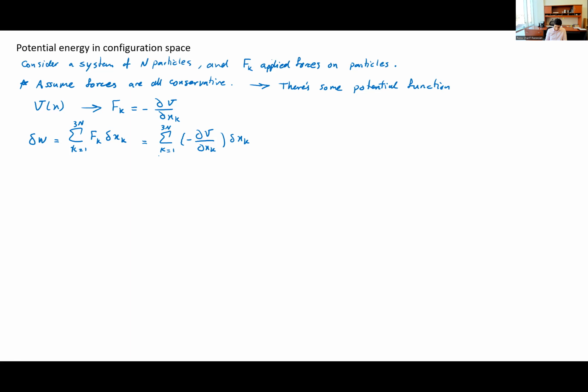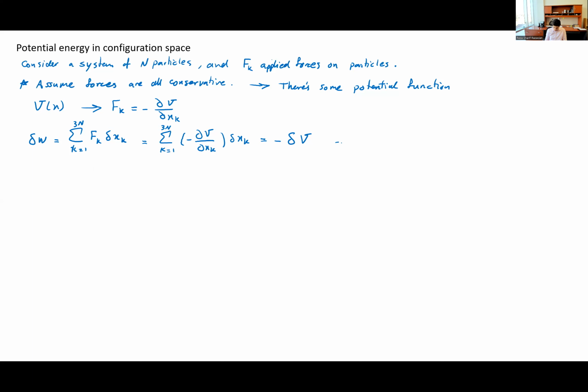This is actually the definition of the full differential, but in this case a virtual differential of the potential function V, because if we had dx_k here instead of δx_k, it would be the full differential, but now I have changed it to the virtual version.